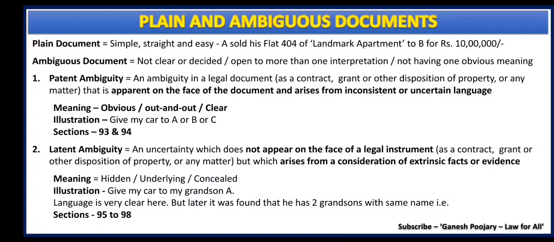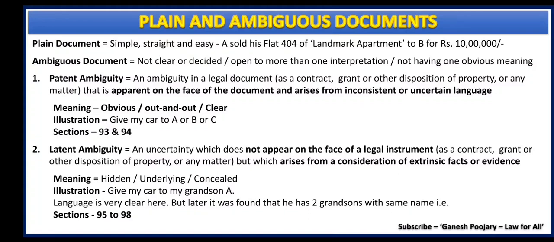On the other hand, latent ambiguity is exactly opposite to patent ambiguity. Under patent ambiguity, we already know that on the face of the document itself, we see some inconsistency or some uncertain language.